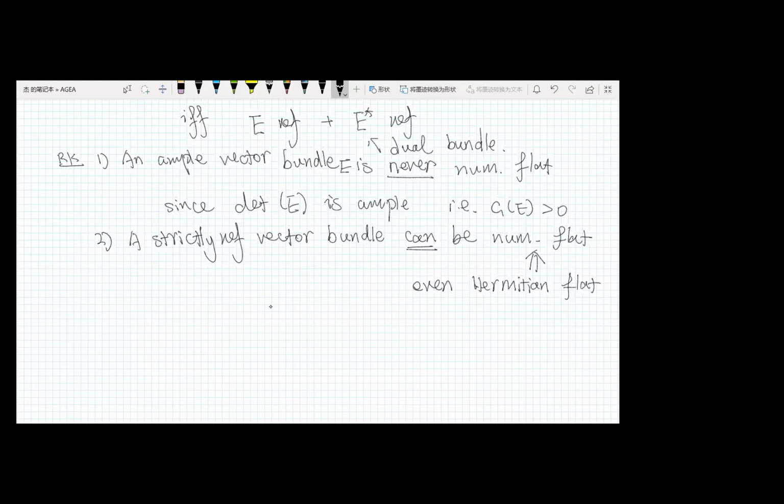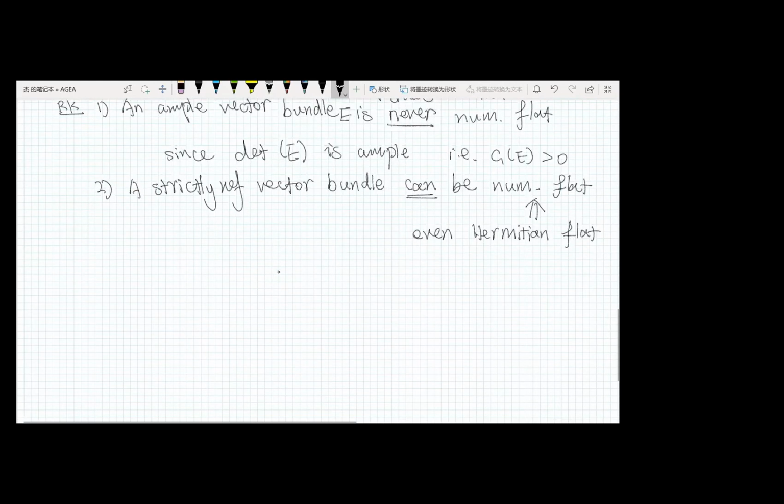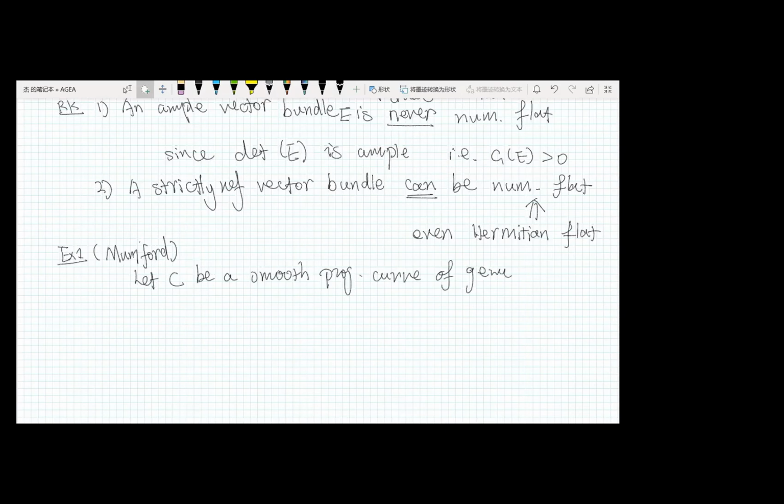So let me start with an example, which is very important in my talk. This example is due to Mumford. You consider C, let's say, a smooth projective curve of genus at least 2.